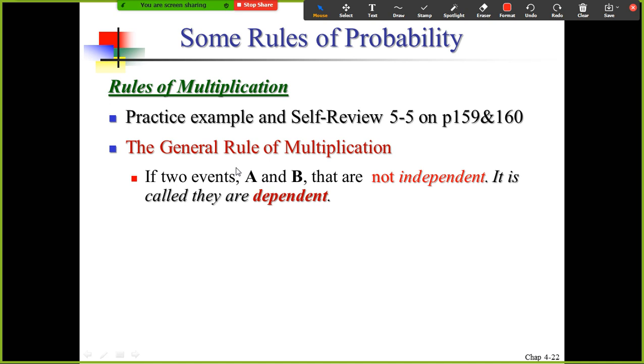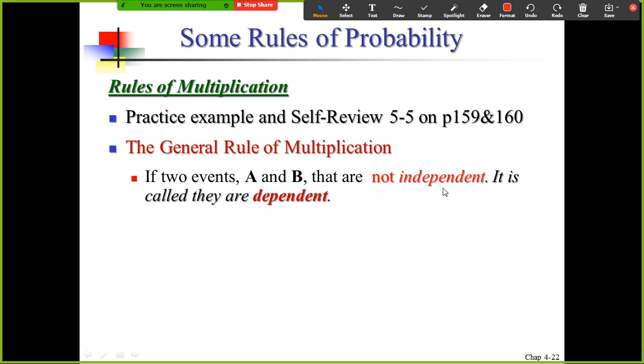Okay, now we go to the second sub rule of multiplication, the general rule of multiplication. In order to calculate probabilities using the general rule of multiplication, you have at least two events. Now we have two events, A and B, but in this case A and B are not independent.